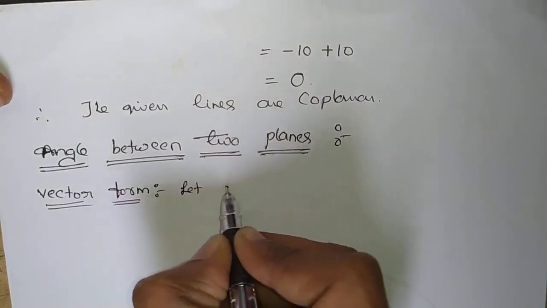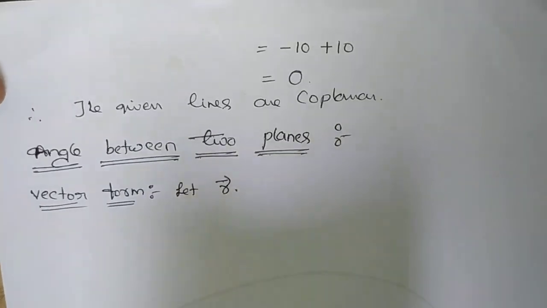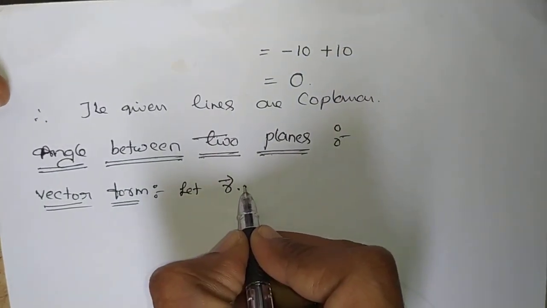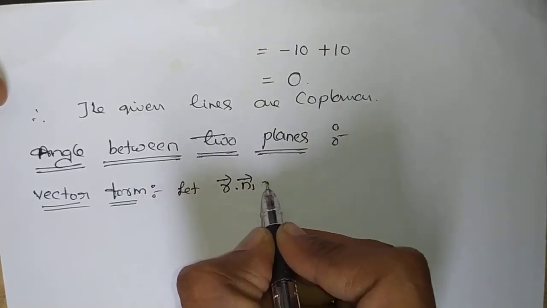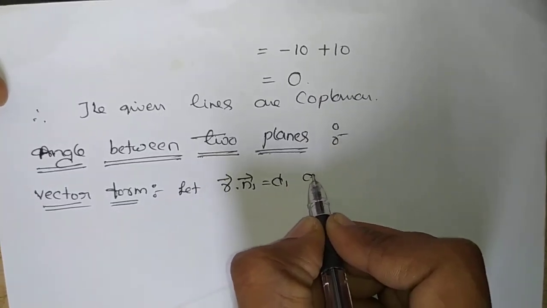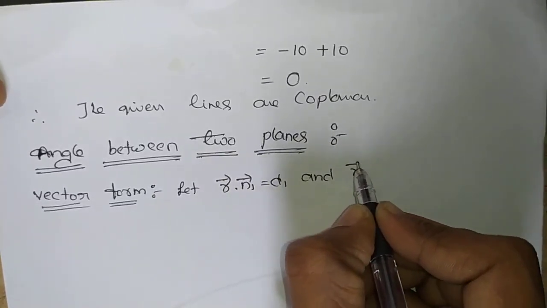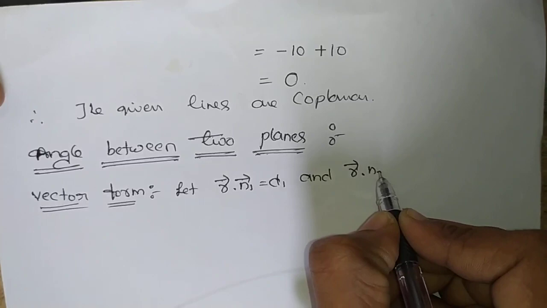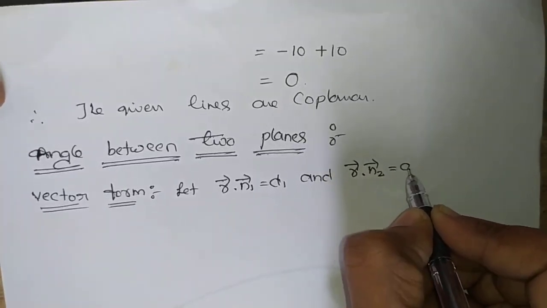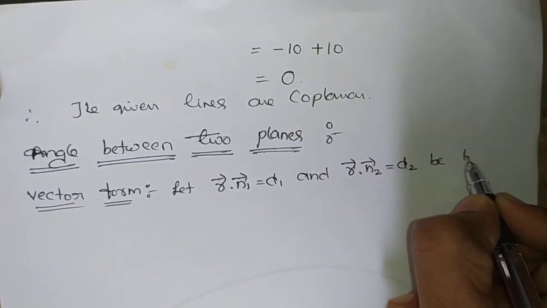Let r vector dot n1 vector equals d1 and r vector dot n2 vector equals d2 be the two planes.